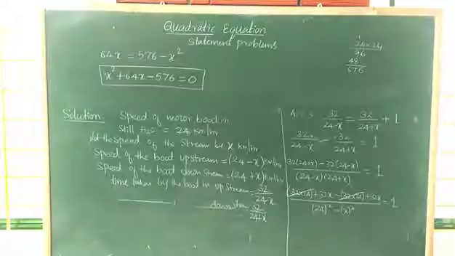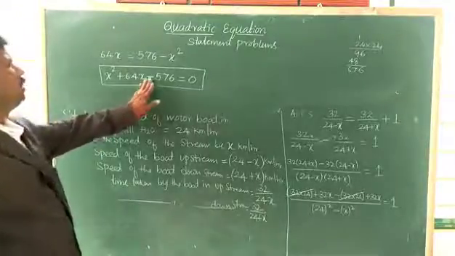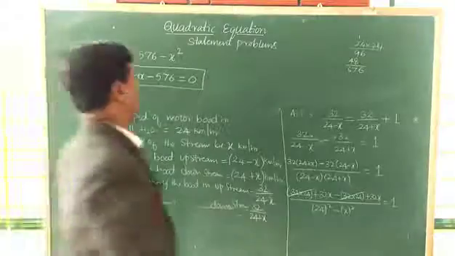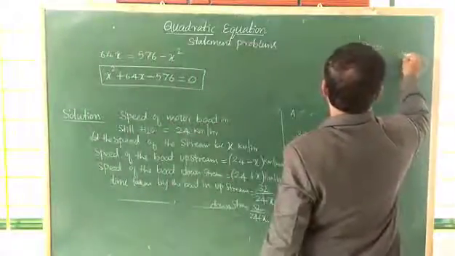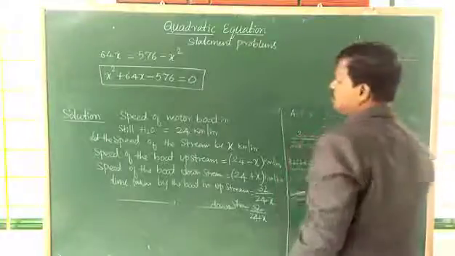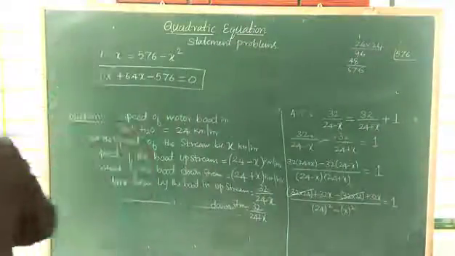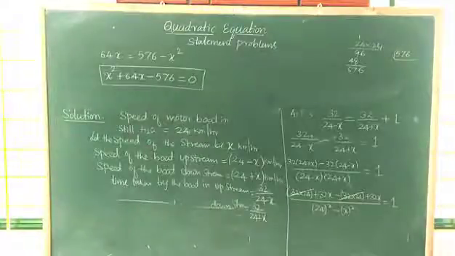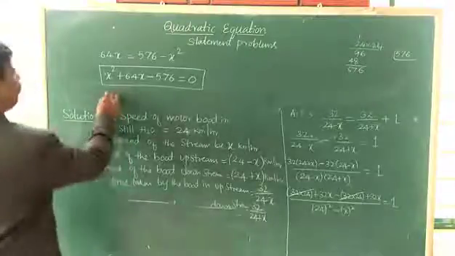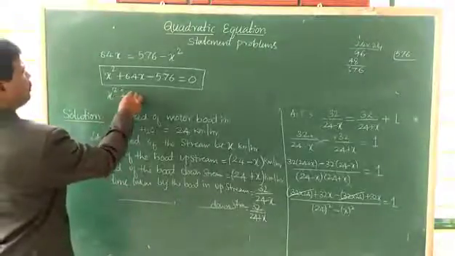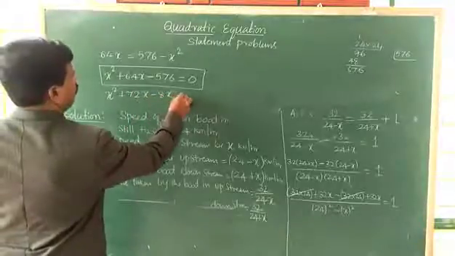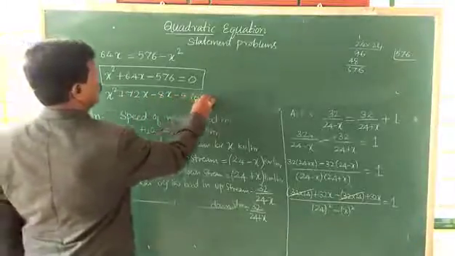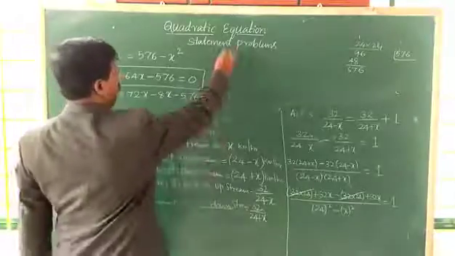Now, what are the two factors for this? Here, minus and plus. You know the factorization method. For 576, you go on dividing like this. So the two numbers are 72 and 8. x square plus 72x minus 8x minus 576 is equal to 0.